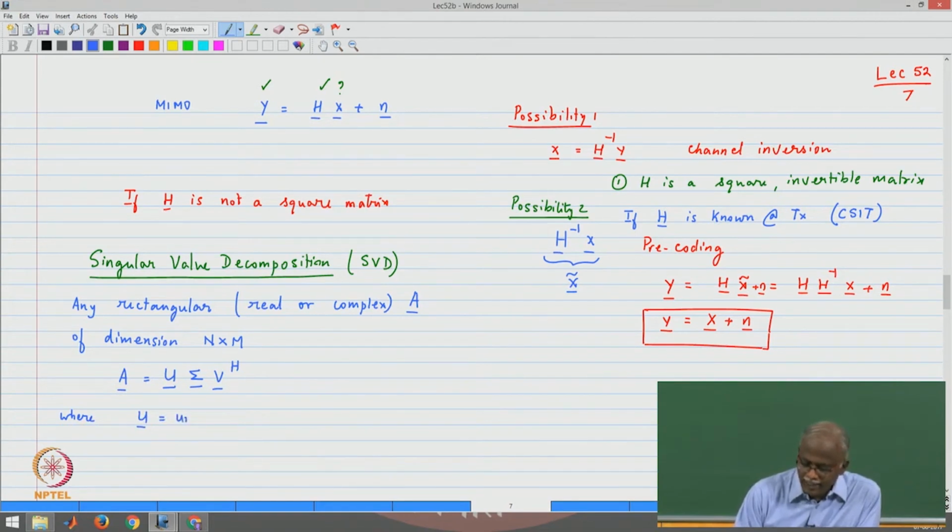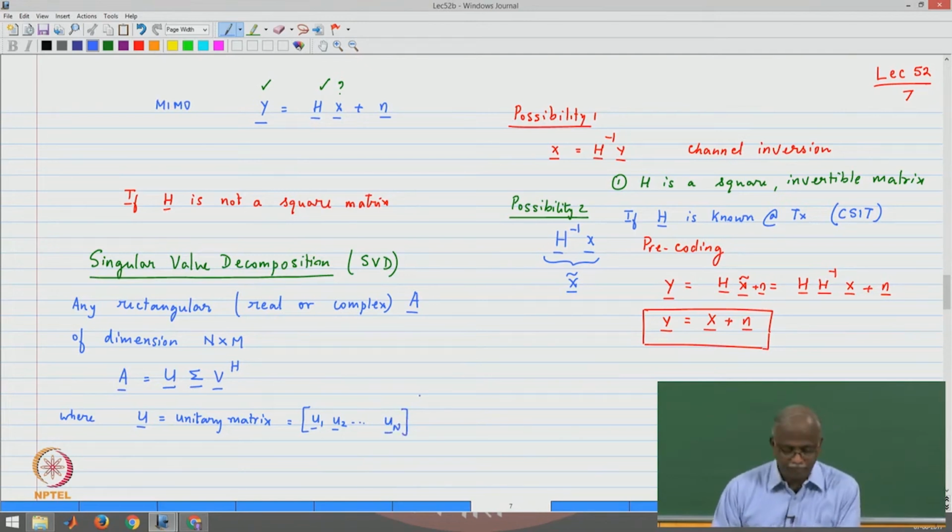So, this is a unitary matrix. Again, the definitions of a unitary matrix we have already indicated. So, U and V are unitary matrices. U is given by the following vectors U1, U2 up to UN, where N is the row dimension.